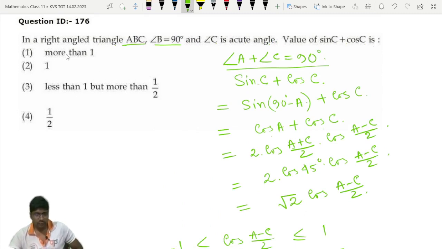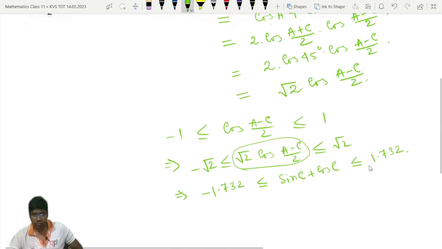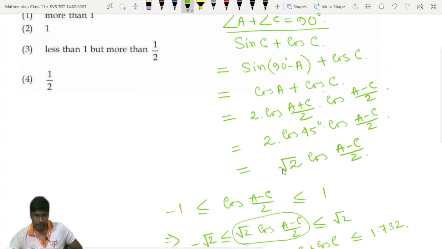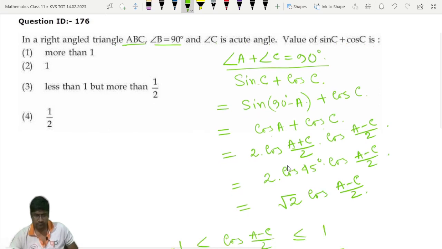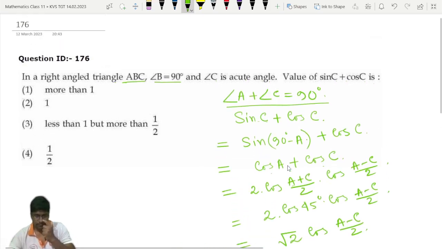If you see option 1, more than 1, that may be more than 1 because its range is up to 1.732. So 1 is not the correct answer.